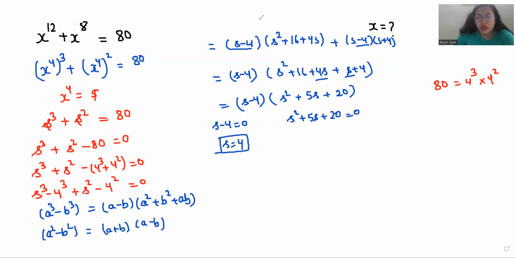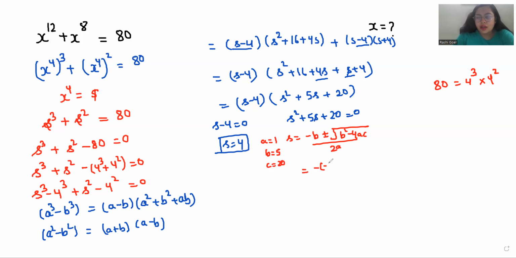Now it looks like a quadratic equation, so we can do the middle term split or use the quadratic formula as well. The quadratic formula is s is equal to minus b plus minus under root b square minus 4ac by 2a, where a is the coefficient of s square, b is the coefficient of s, and c is the constant 20.